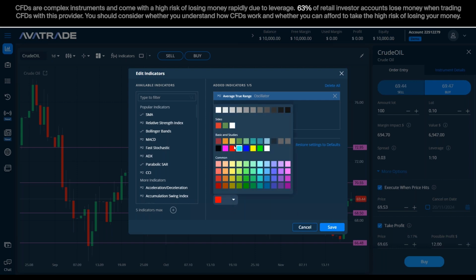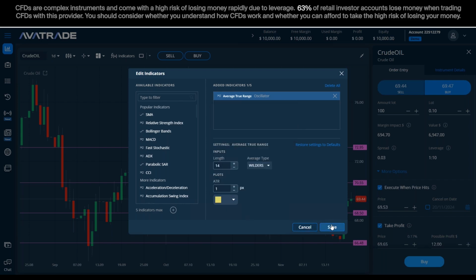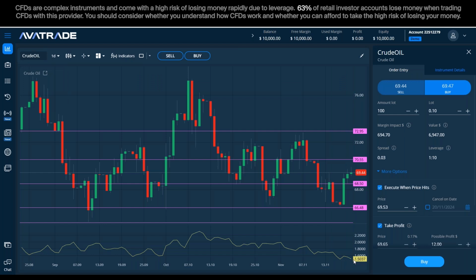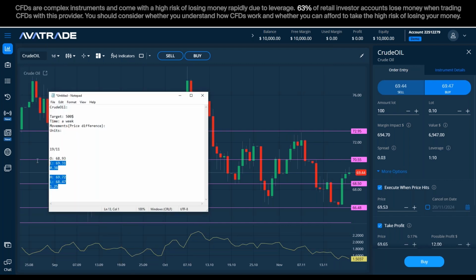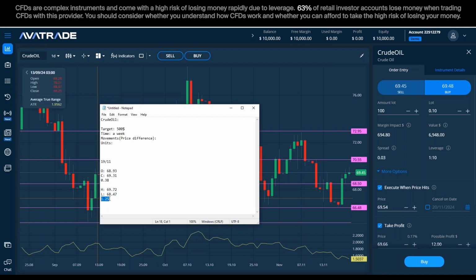I'd like to change that to a different color from the colors presented on the chart, so I'll know the difference for the ATR. And as we can see, the ATR for oil is 1.5037, which matches, oh, it doesn't match. Sorry, it doesn't match to the manual check that we did, right? As you can see, the candle here is different in size than the prior, and that guy as well.